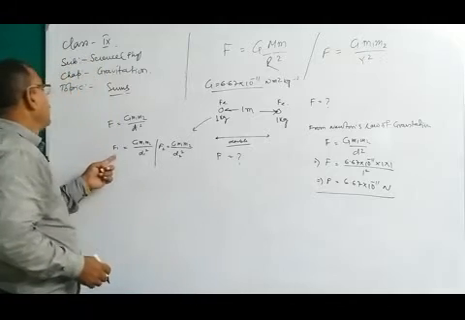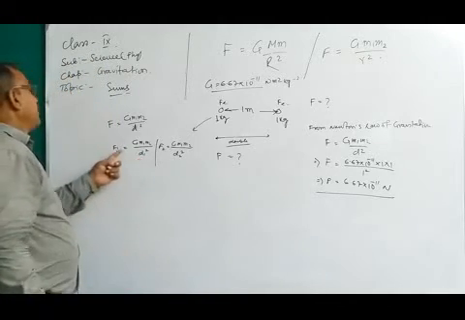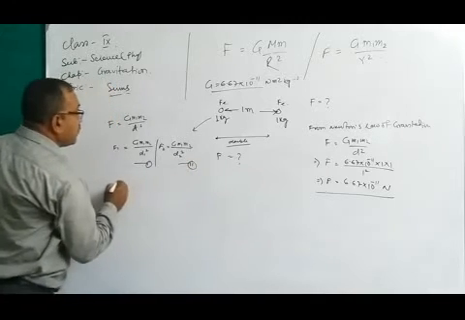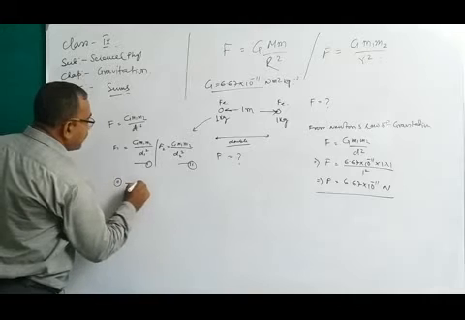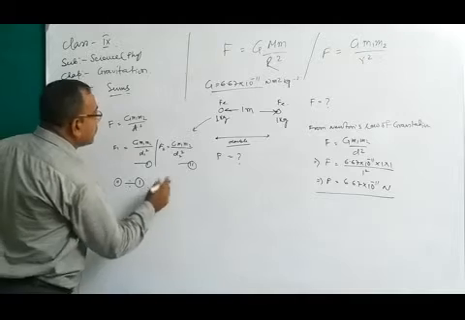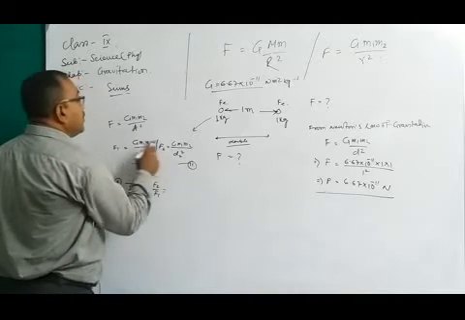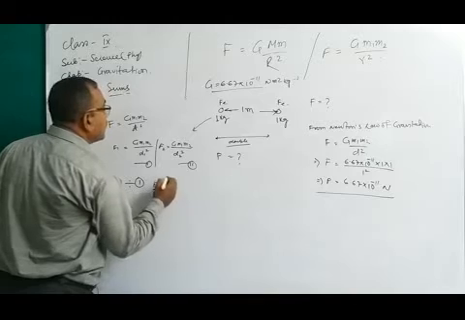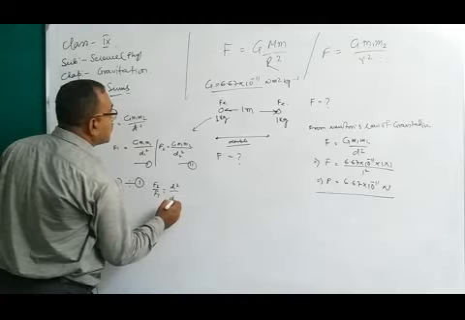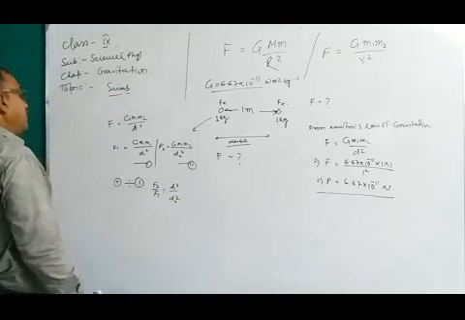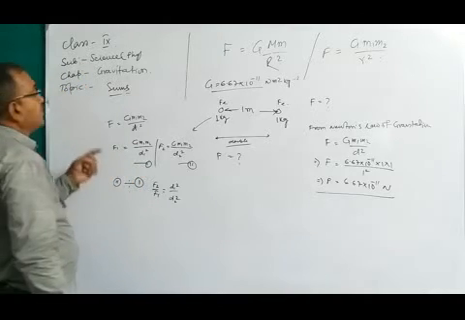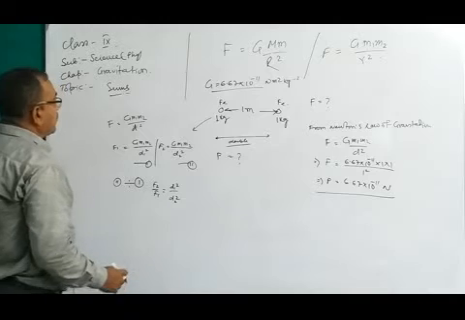First time, when the distance is d1, the force is 2 Newton. So this is equation 1. You divide equation 2 by equation 1. F2 by F1 equal to, those cancel, d1 square by d2 square.